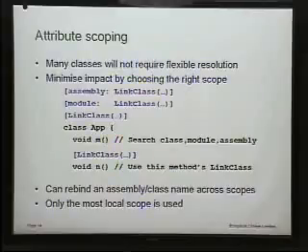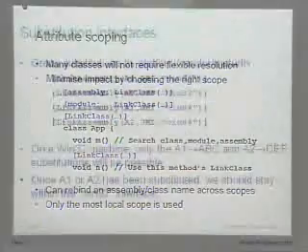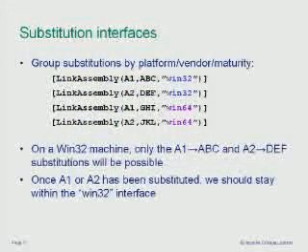Maybe it needs it doubly linked in some particular way, and by declaring link class list up there and then link class list down here, at runtime we will look for the most local attributes and use those to determine the substitutions.